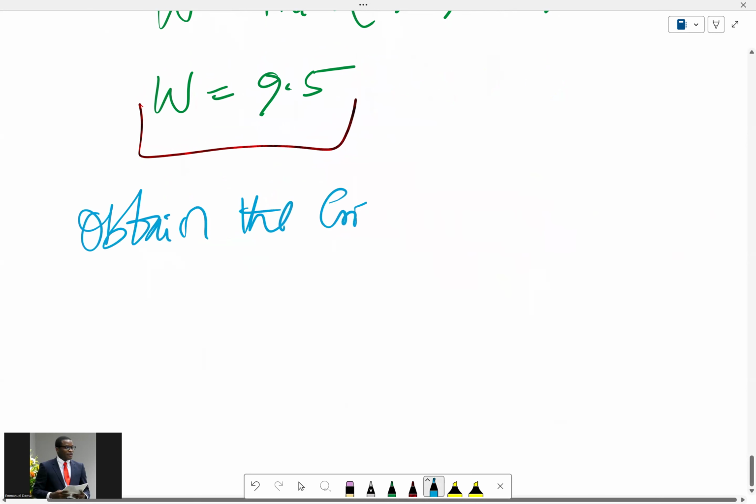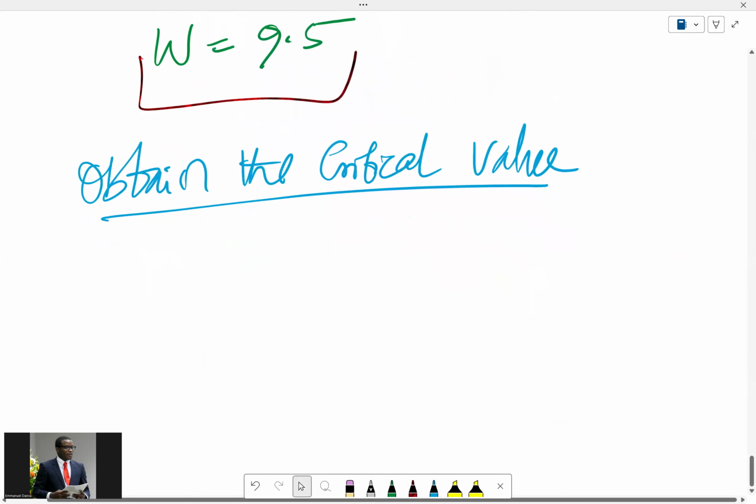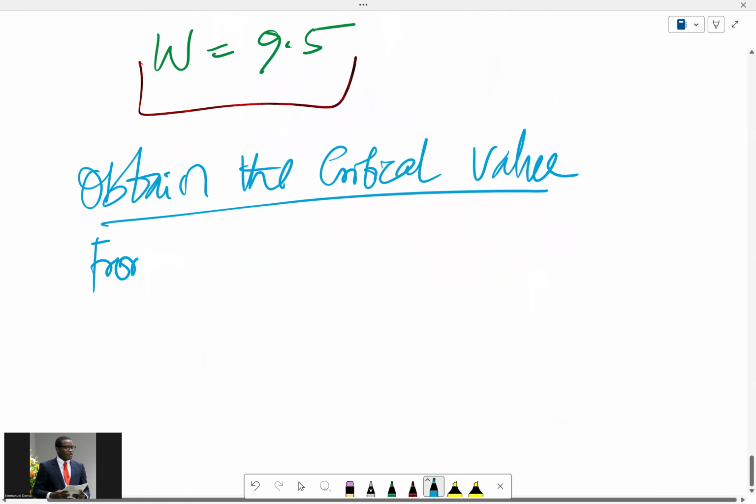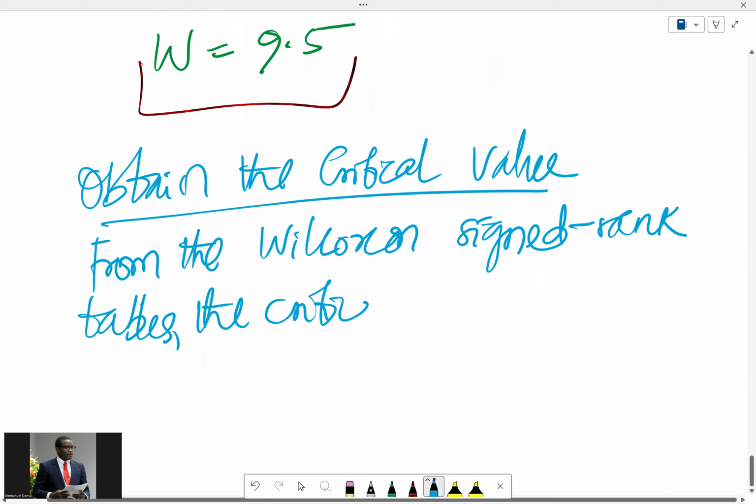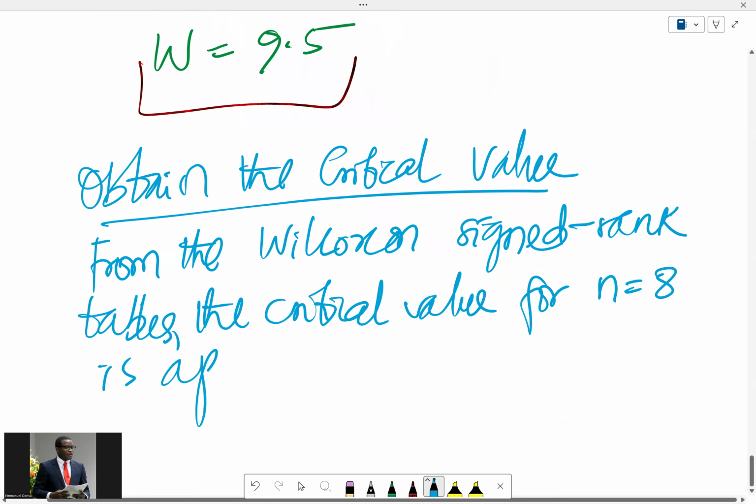To obtain the critical value, from the Wilcoxon signed rank tables, the critical value for sample size n equals 8 is approximately 3.